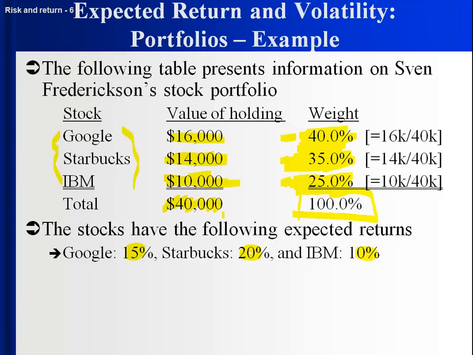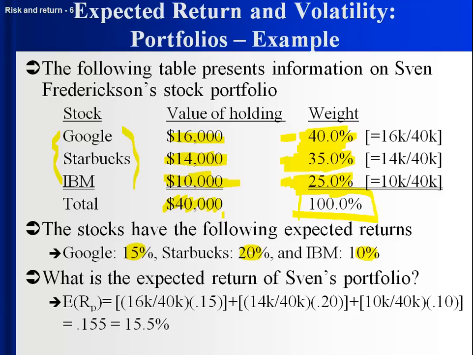So let's just take a weighted average. 16 of his $40,000 is in Google, which has an expected return of 15%. 14 of his 40 is in Starbucks, which has an expected return of 20%. And 10 of the 40 is in IBM, which has 10%. If you do the math, you see that the expected return on this portfolio is 15.5%.